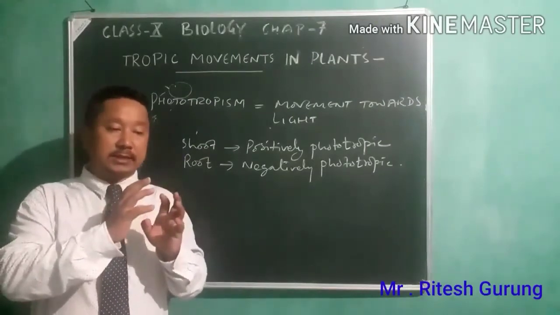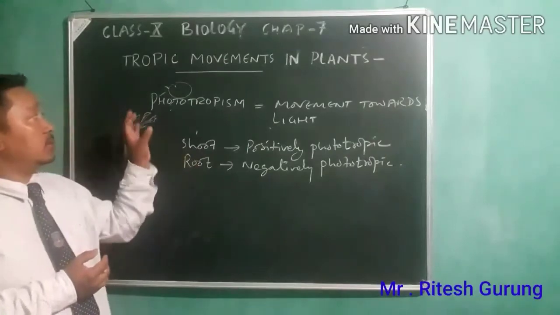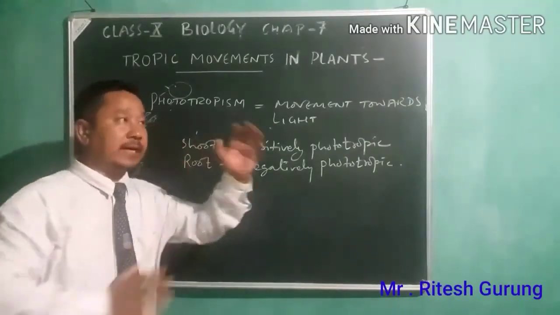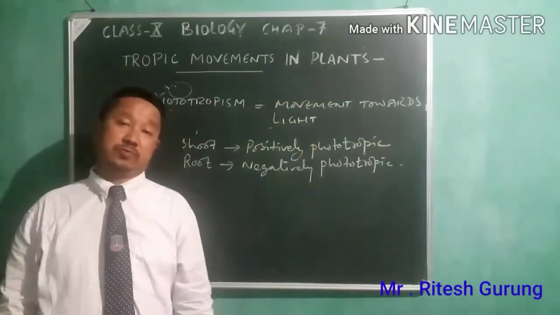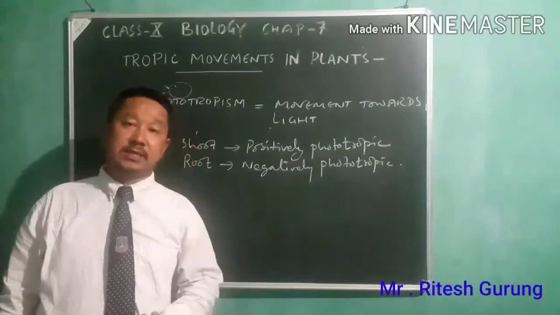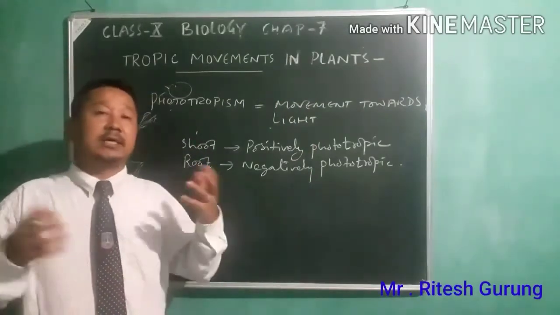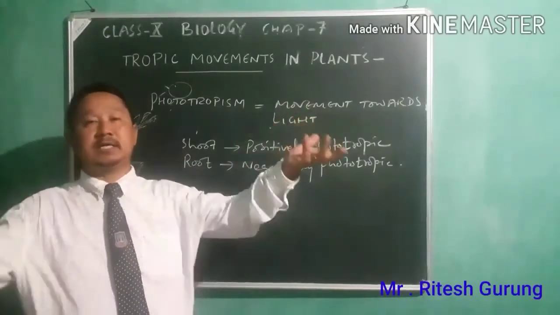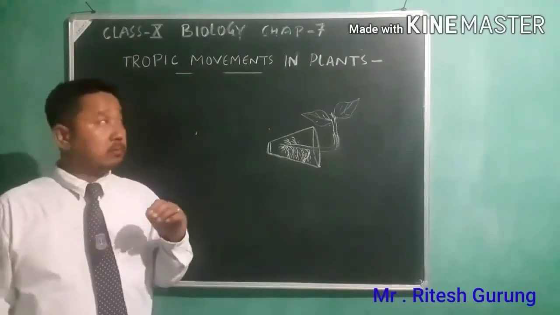The cell gets elongated under the influence of auxins, so that the shoot system can bend towards the source of light. So this is all about phototropism. In one sentence, phototropism is nothing but the movement towards the light. That is phototropism.